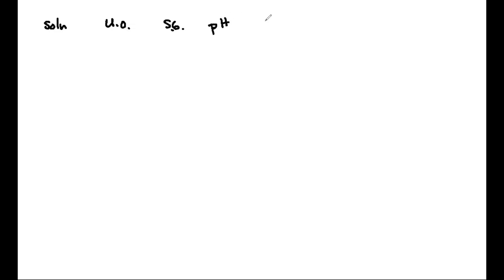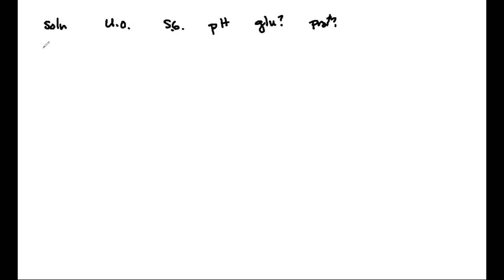What else am I missing, you guys? Urine output, specific gravity, pH, glucose. So should we see glucose? Protein. Okay, so let's go through and figure out our predictions for this.